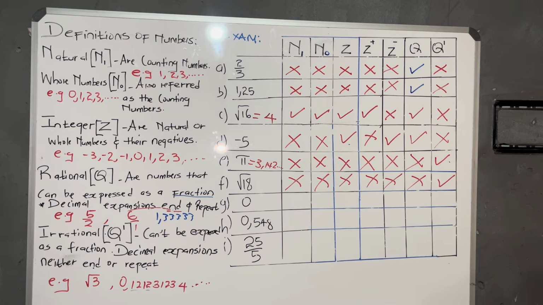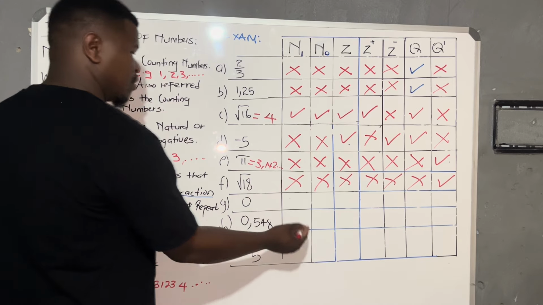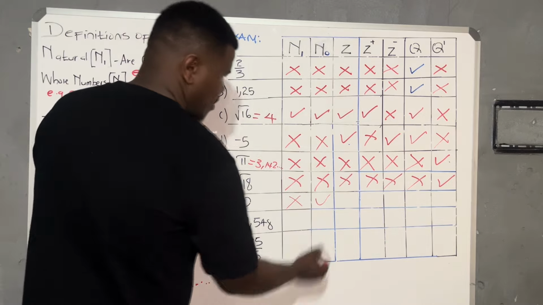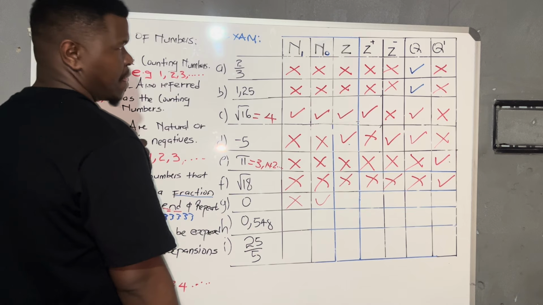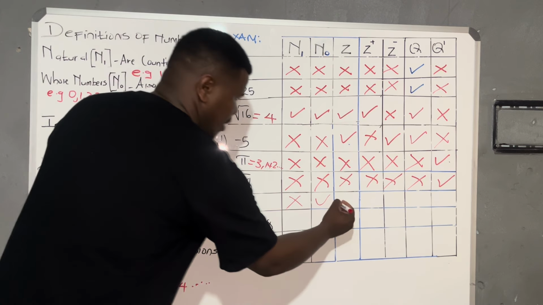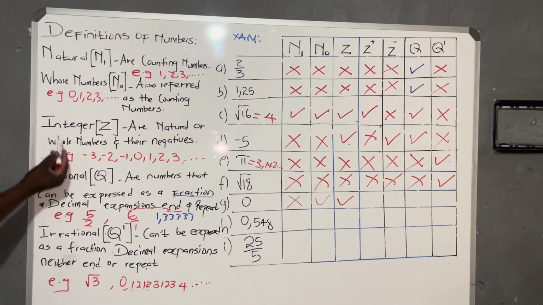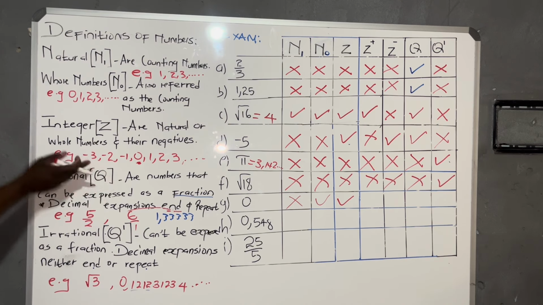Now 0, let's come to 0. Natural numbers don't start with 0, so this cannot be natural. But yes, it is part of whole numbers, and it is part of the integers, because integers do have 0, so it's still part of it.